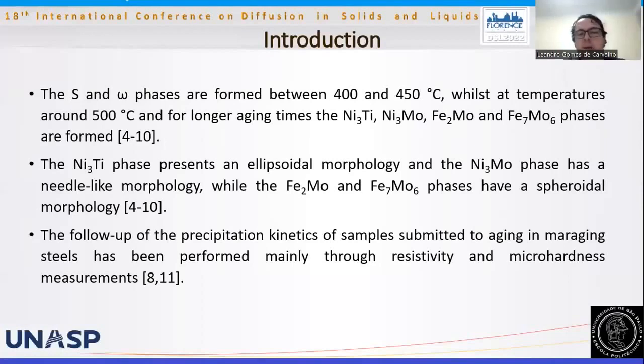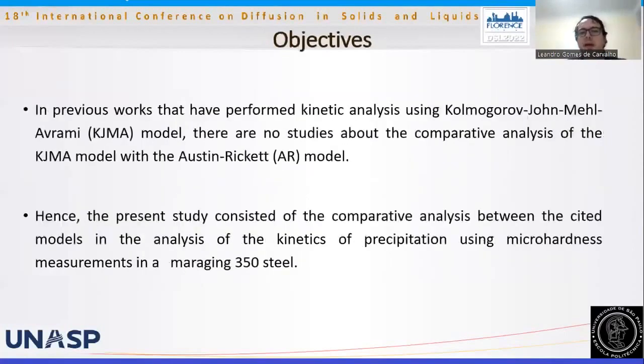The follow-up of the precipitation kinetics of samples submitted to aging in maraging steels has been performed mainly through resistivity and microhardness measurements. In previous works that have performed kinetic analysis using the Kolmogorov, Johnson, Mehl, Avrami model, there are no studies about the comparative analysis of the KJMA model with the Austin-Rickett model.